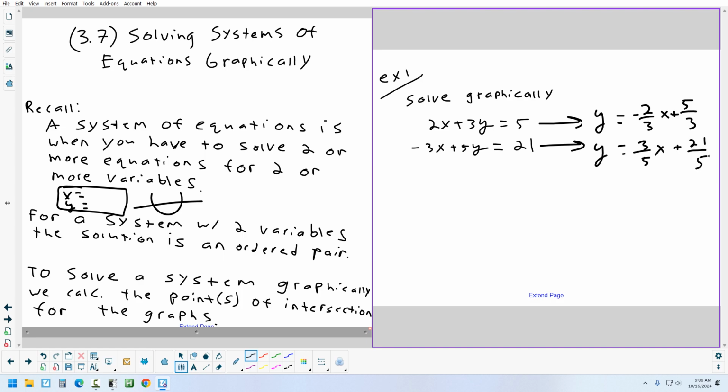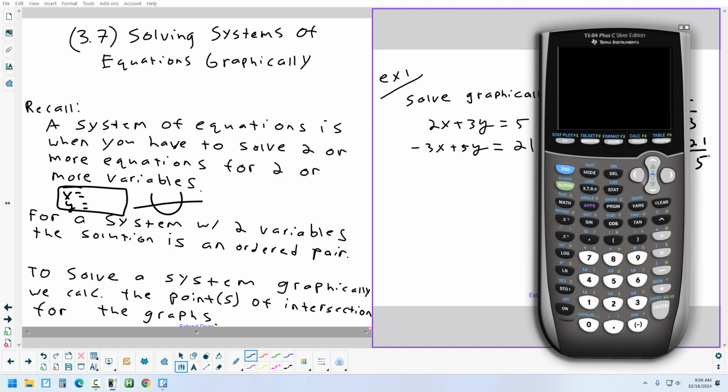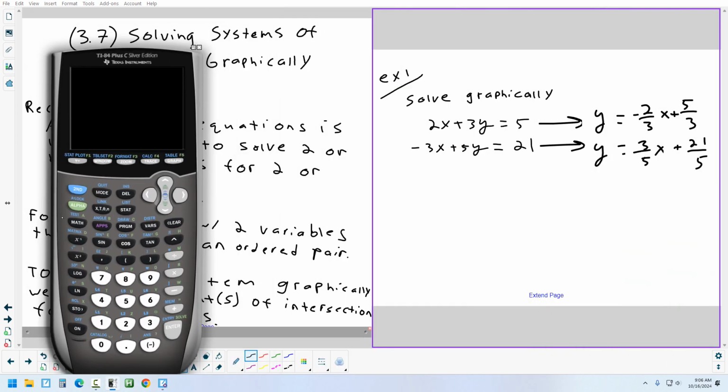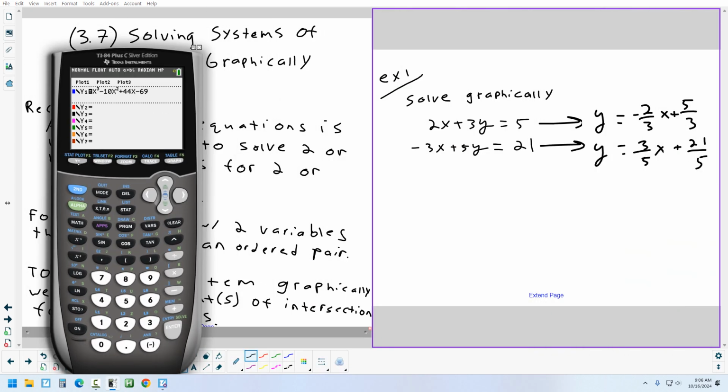All right, so now it's just a matter of graphing it and seeing where they cross. I would type it in like this: negative 2/3 x plus 5/3.